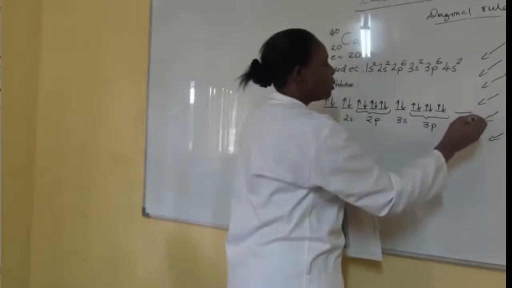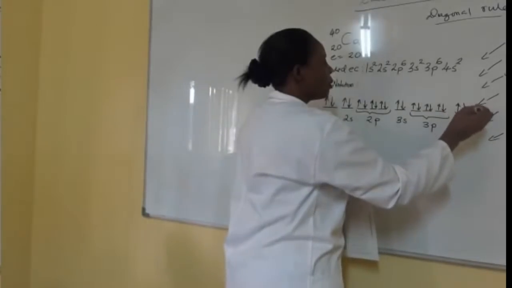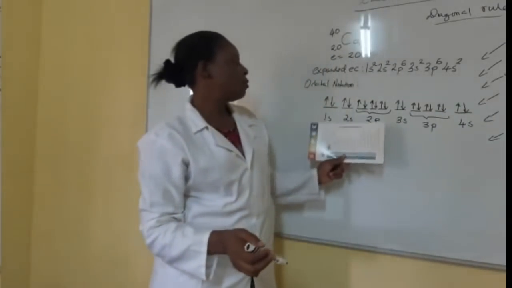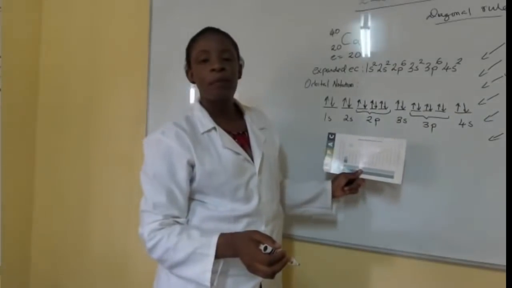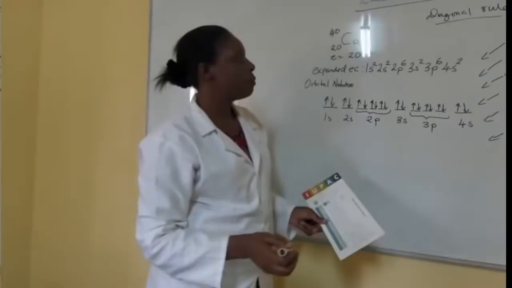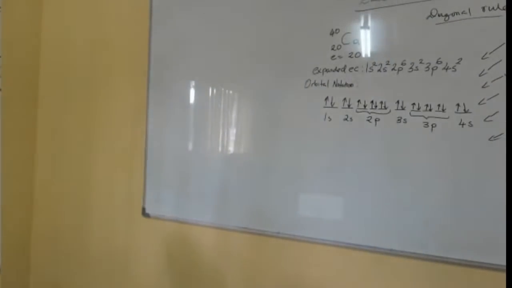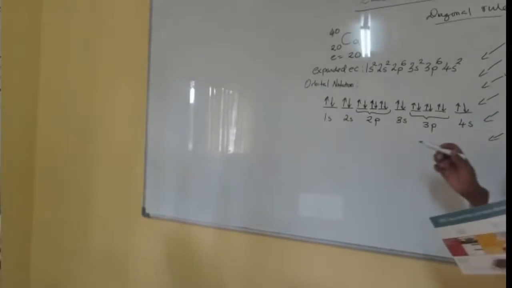And the last one is 4s with 2 electrons. So this is orbital notation or orbital diagram. Okay. Now we can now represent this using noble gas configuration.